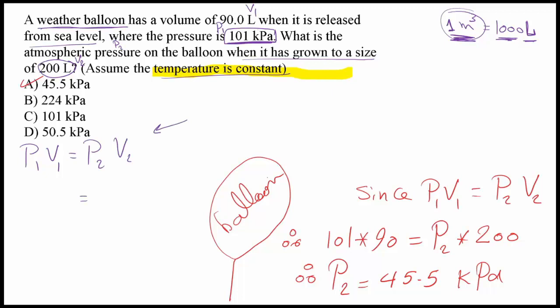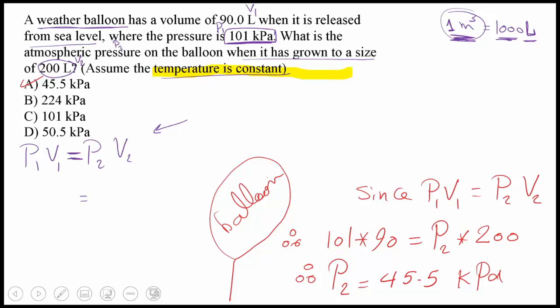In Boyle's law, you can use the SI units or other units, as long as the units on the two sides are the same, so you can use whatever units you want. You can use the pressure in Pascal or bar or atmospheric, it doesn't matter. And volume, you can use cubic meter or liter, it doesn't matter either.